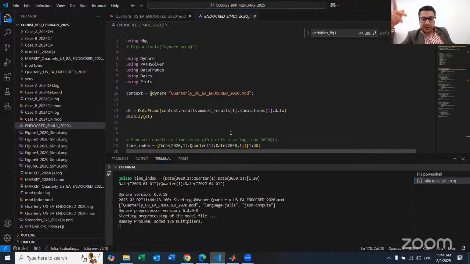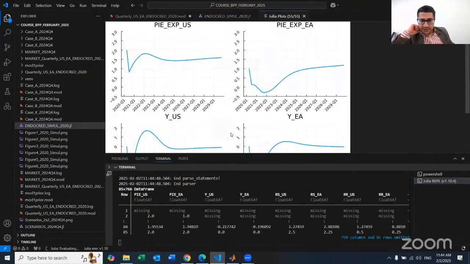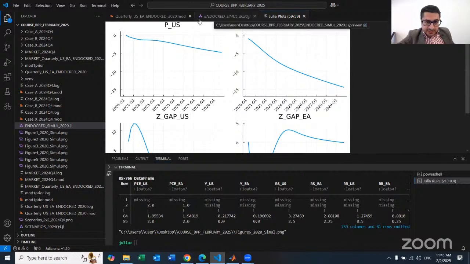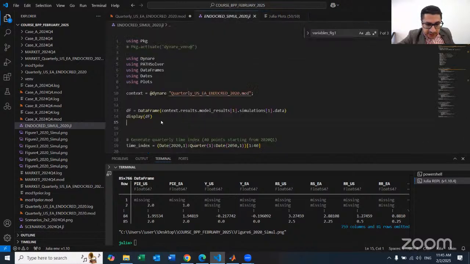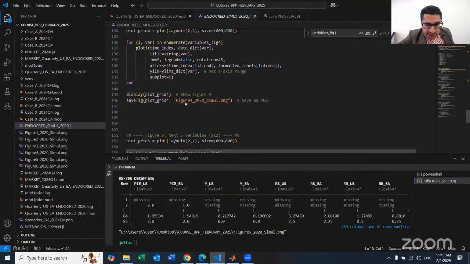But on the second, third and other tries, it should take seconds to complete. It's faster than Dynare MATLAB. It also automatically plots the figures, and as I said, using this savefig, it saves the figure in PNG format inside the folder.